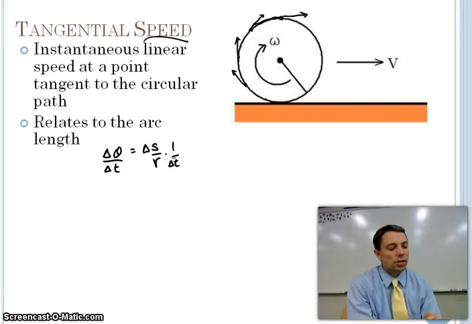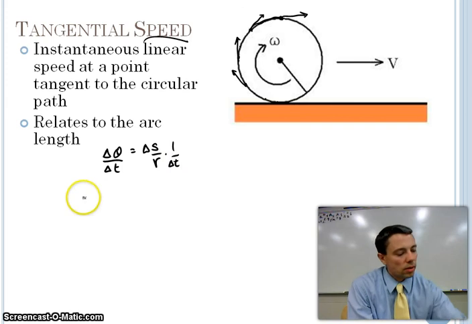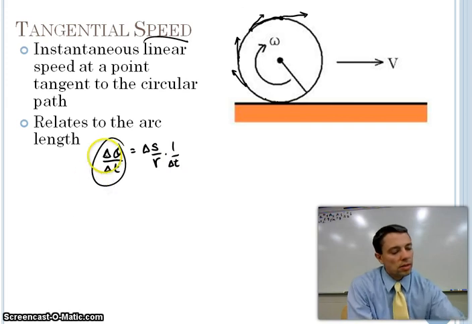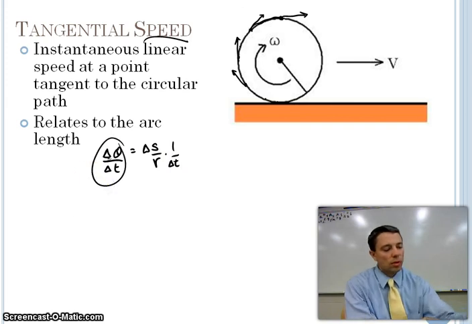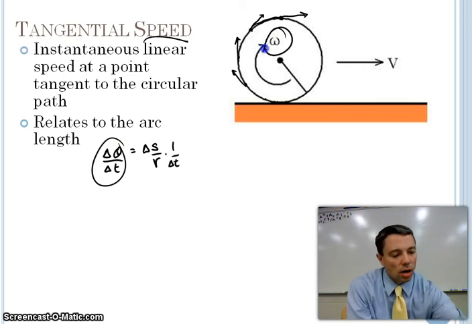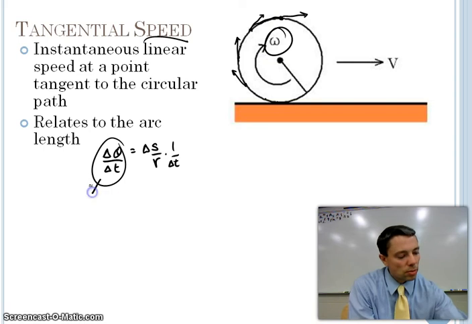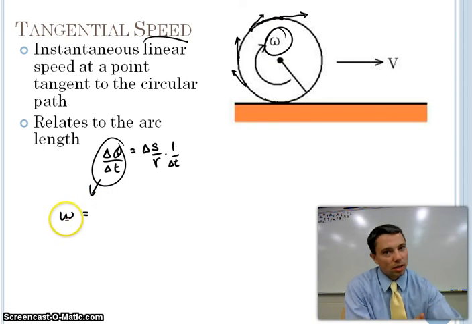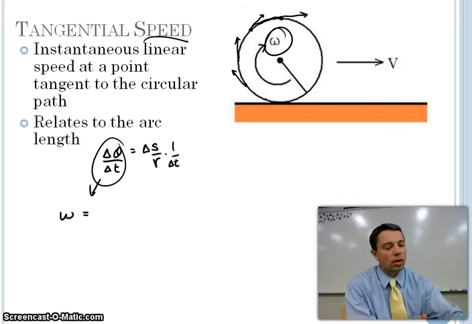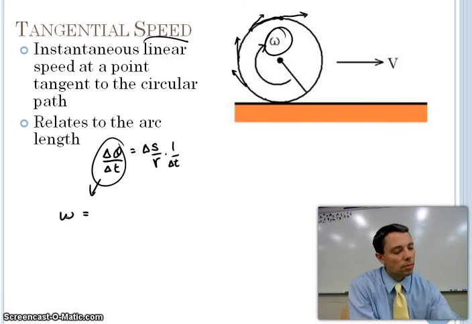If I rewrite this slightly, this piece right here is something we saw in our last video: the change in angle over the change in time is our angular speed. Remember, that's the omega. It's not a W. I know it looks like a W, and I have a tendency to make them look like W's, but it's a lowercase omega.